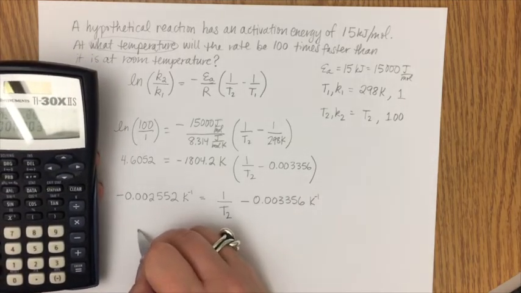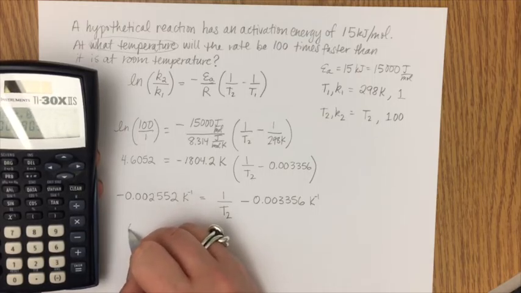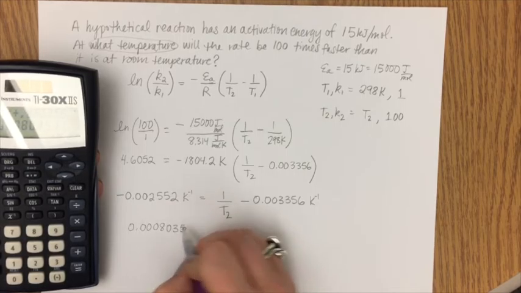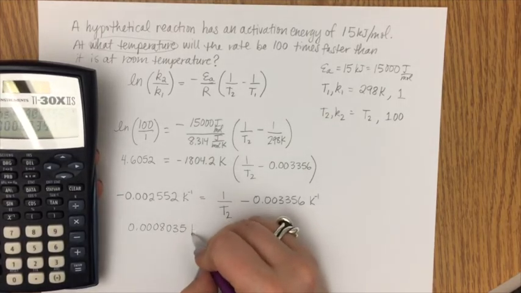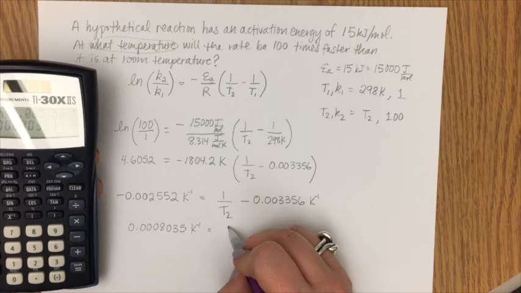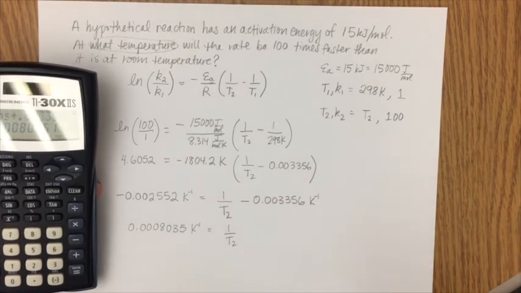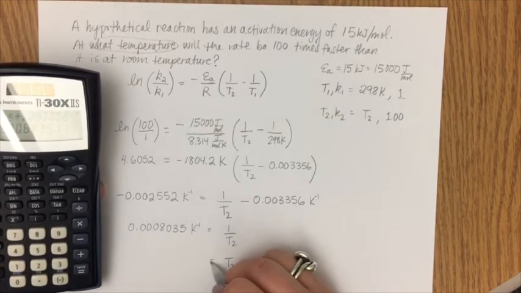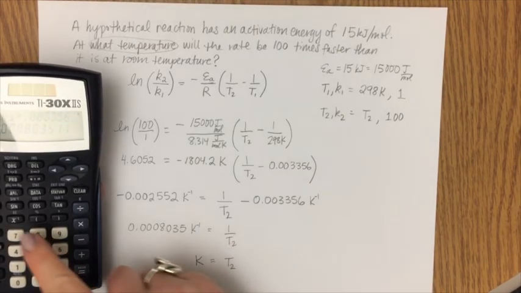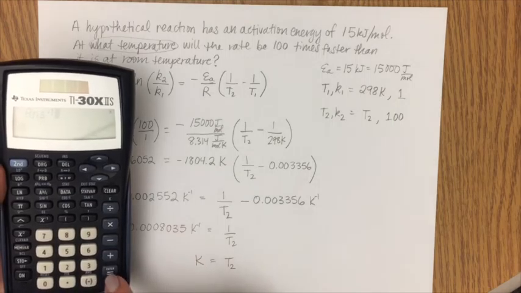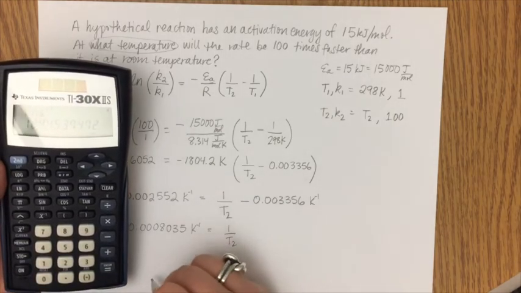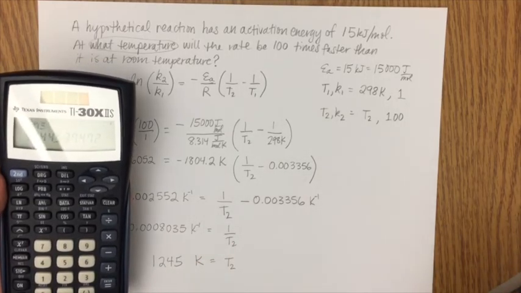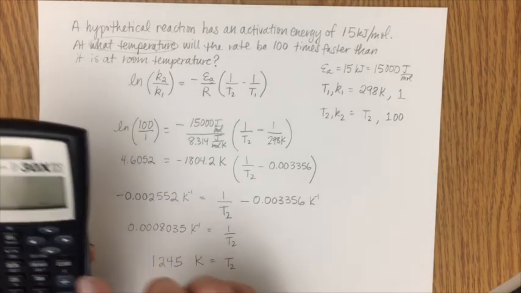And now over here, I'm going to have positive 0.0008035, and this is again per Kelvin. And this equals 1 over T2. To find T2, I take the reciprocal of both sides. So I'll use my 1 over x button, and I get 1245 Kelvin for my second temperature.